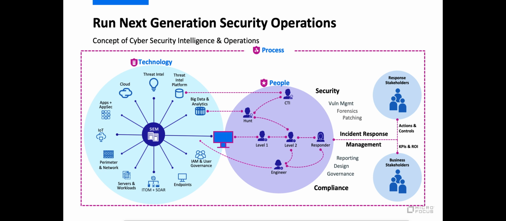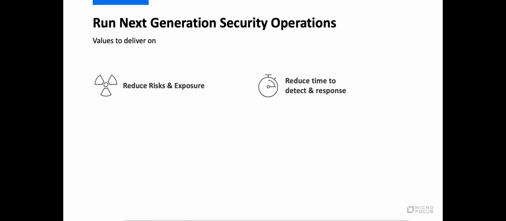And your people are more than capable to handle it because they have been well trained to handle it and look into it. When we're looking at the values that your next generation security operations need to deliver, the key values to deliver on are to reduce risks and exposures and reduce the time to detect and respond. And at the same time, reduce the operational costs, so you can invest money in enabling people and adding more technologies that can help you gain more visibility to reduce more risks and reduce the exposure furthermore and reduce the time to detect and to respond.